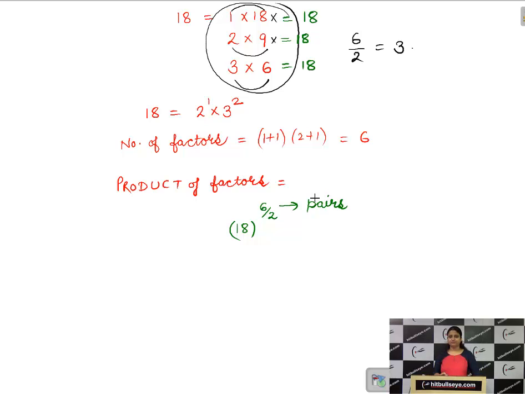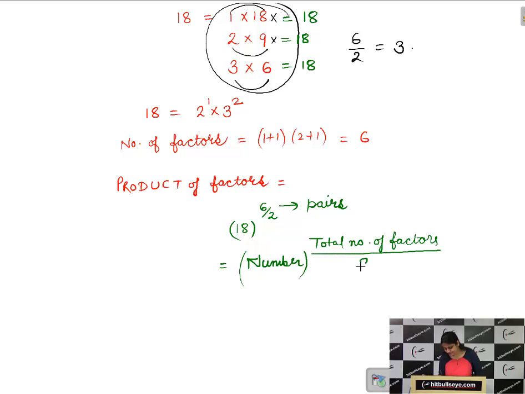How many pairs can be made out of total factors? So the formula will be number raised to power total number of factors divided by 2. That is the formula for product of all the factors.